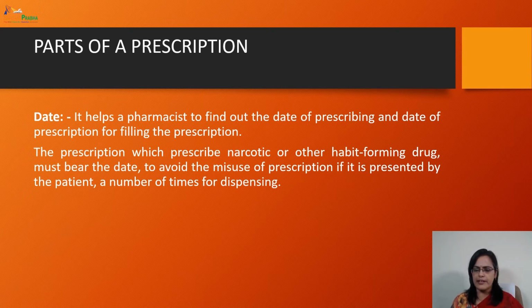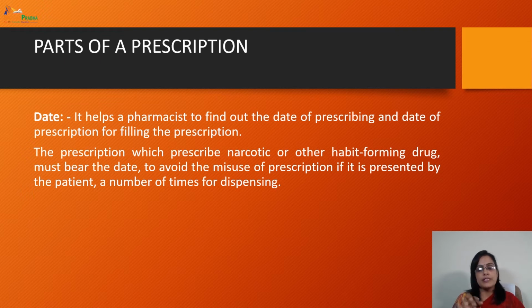The very first thing is date. As we all write the date on our notes or any other daily document, it is the very first thing that comes to mind. It helps the pharmacist find out the date of prescribing.